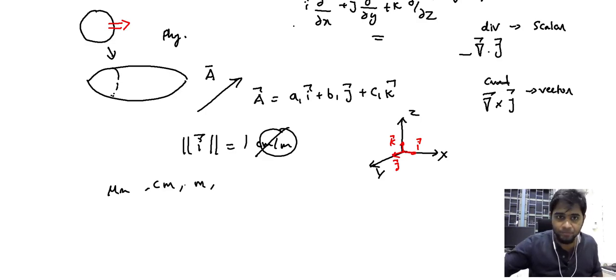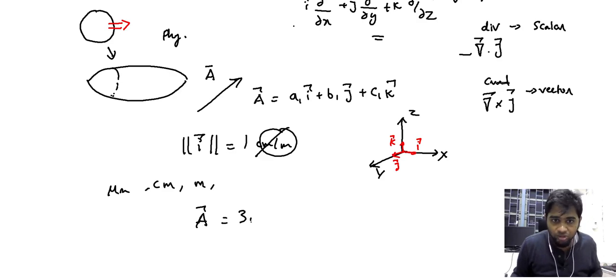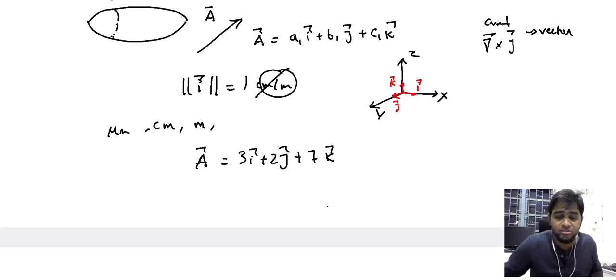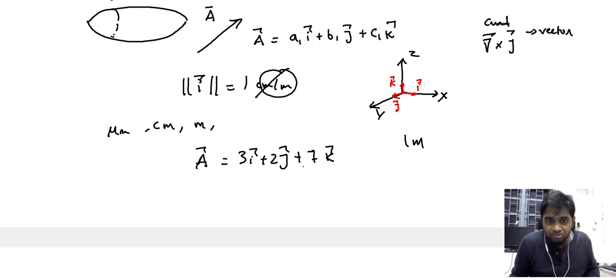Now, for example, if I represent a vector as 3i vector, 2j vector and 7k vector, and each of these unit vectors is of length 1 meter, then when you consider the coordinate system, we have to move 3 meters along the x-axis, 2 meters along the y-axis and 7 meters along the z-axis to reach this point here, to represent this vector.